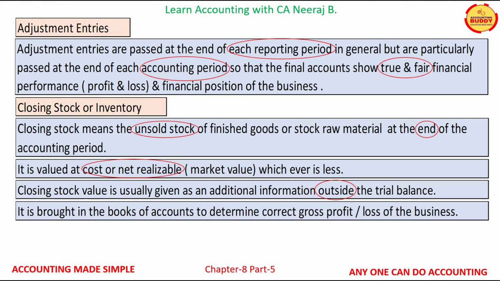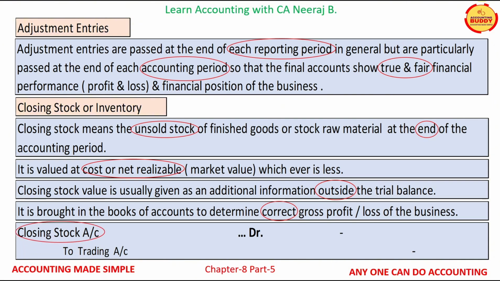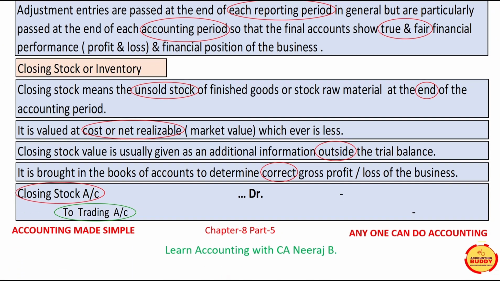It is brought in the books of accounts to determine the correct gross profit or loss of the business. The adjustment entry for closing stock is debit closing stock account, credit trading account. By this entry, closing stock is brought to the credit side of the trading account to calculate the correct gross profit or loss of the business.